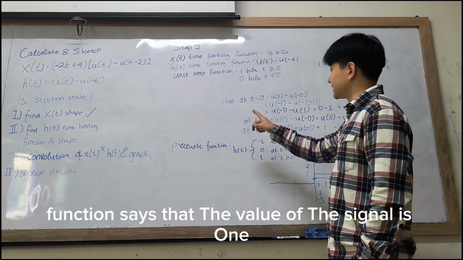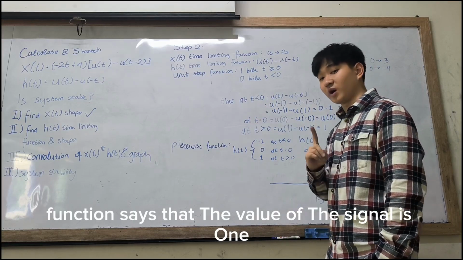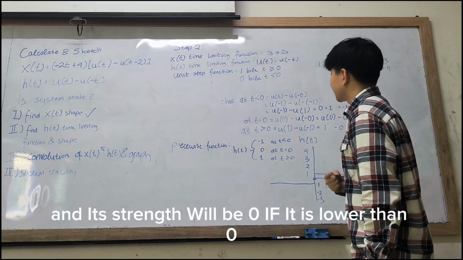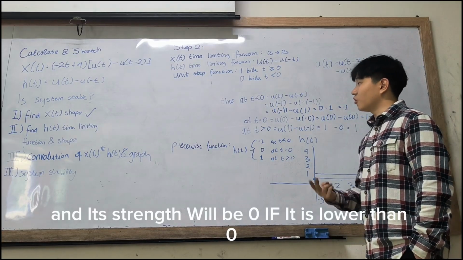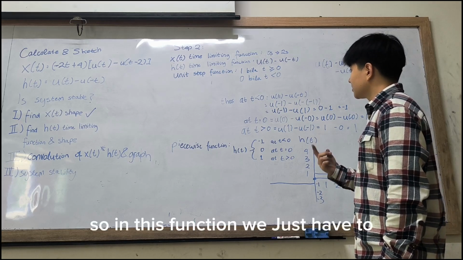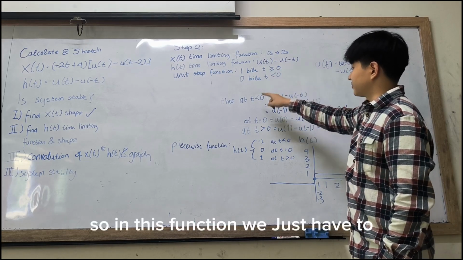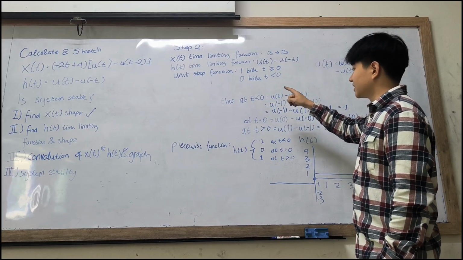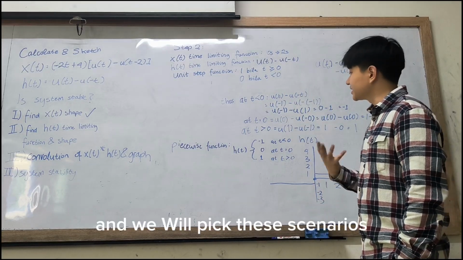The unit step function says that the value of the signal is 1 when the time value is greater or equal to 0, and its strength will be 0 if the time value is lower than 0. So in this function, we just have to fill the t with the value of certain scenarios, and we will pick 3 scenarios.